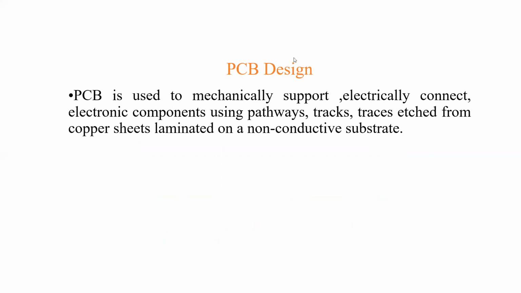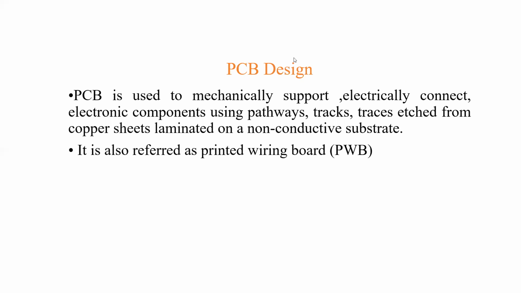Then next one is the PCB. Now what is meant by PCB? PCB is used to mechanically support and electrically connect electronic components using pathways, tracks, traces, etched from the copper sheet laminated on the non-conductive substrate. When a substrate is there, and on that the copper clad is there, then the board is made.